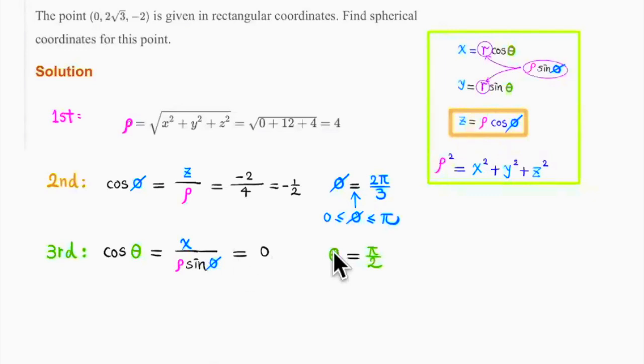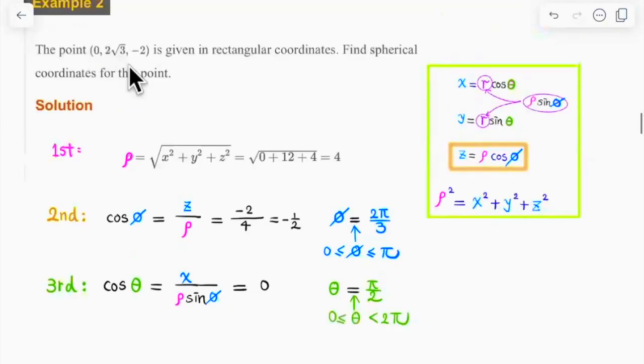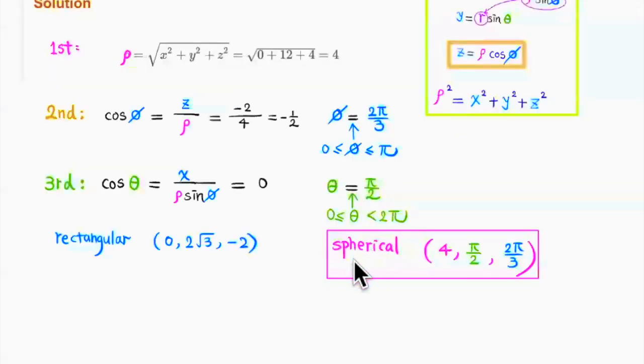So theta will be equal to pi over 2. Notice that theta doesn't equal 3 pi over 2 because we have a positive y coordinate. Therefore, the spherical coordinates of this given point in rectangular coordinates are (4, pi over 2, 2 pi over 3).